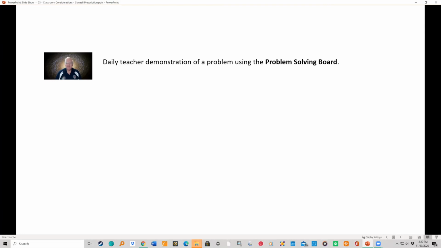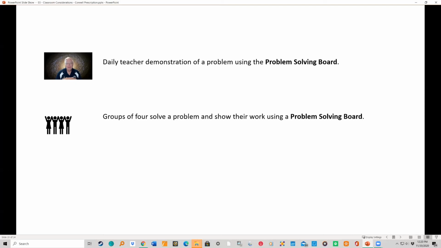So every day they're getting this. They're getting an expert modeling for them how to use this method of problem solving. At least 2 or 3 times a week, have a group of 4 solve a problem that you've selected and show their work using the problem solving board.